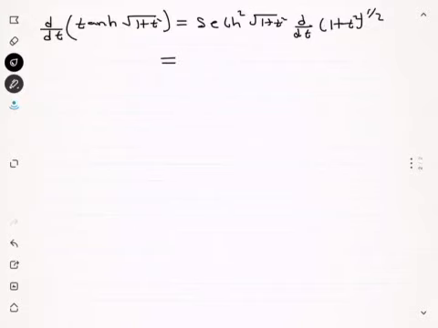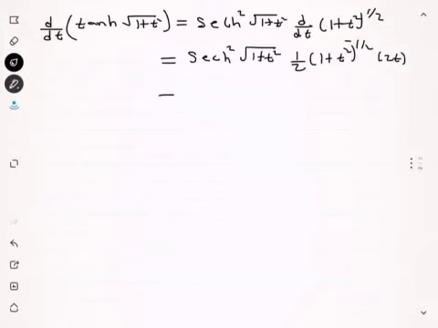So this would be equal to the hyperbolic secant squared of the square root of 1 plus t squared. And then taking the derivative of 1 plus t squared raised to the 1/2 power, we get 1/2 times 1 plus t squared raised to the negative 1/2 power times 2t.